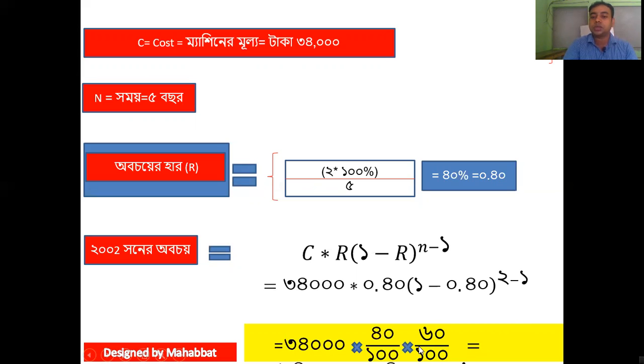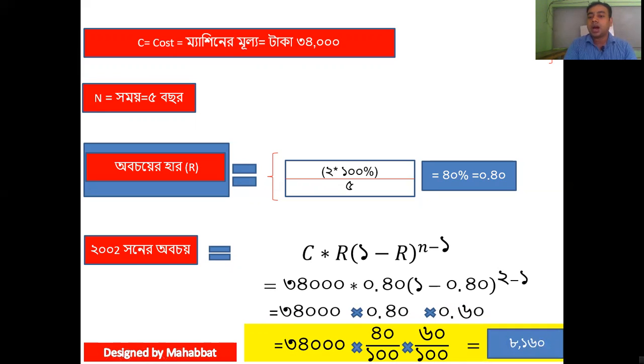So 34,000 into 0.40 into 0.60, the result will be 8,160. This is all for you.